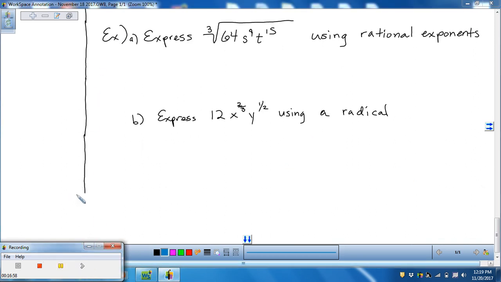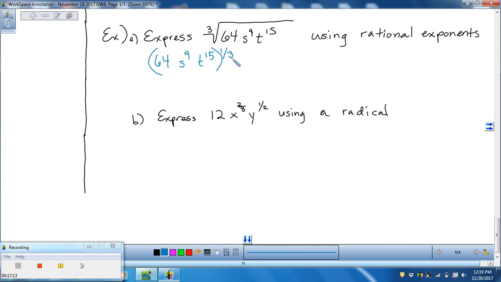Okay, next example, example A. We want to express the cube root of 64 s to the 9th t to the 15th using rational exponents. So the first thing we're going to do is rewrite this entire quantity as 64 s to the 9th t to the 15th raised to the 1/3 power.